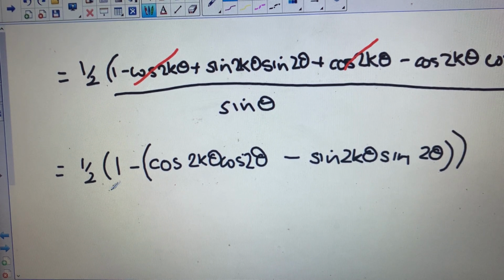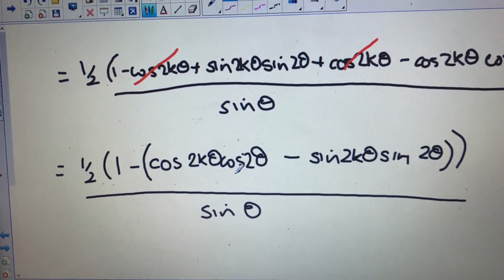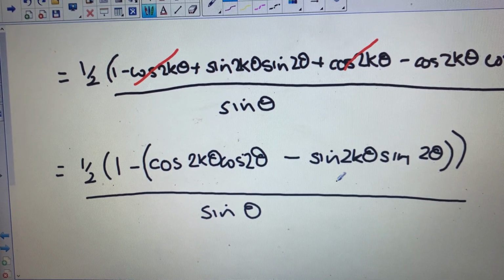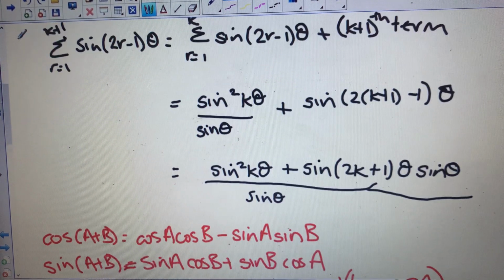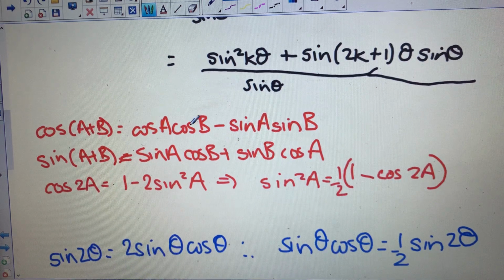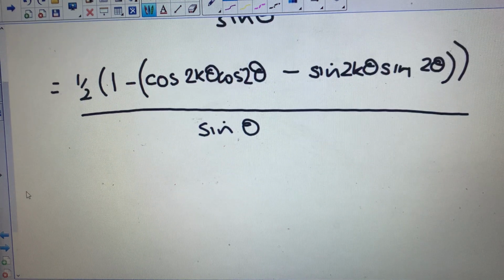And that's all over sine theta. Now, what we've got here is cos cos minus sine sine. So if we go back to the identity that we wrote down ages ago, cos cos minus sine sine, we can rewrite this using our cos A plus B identity.